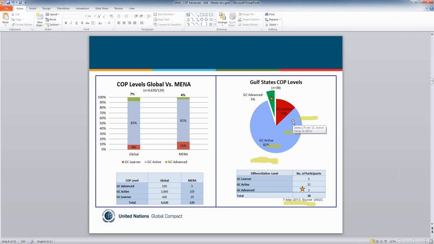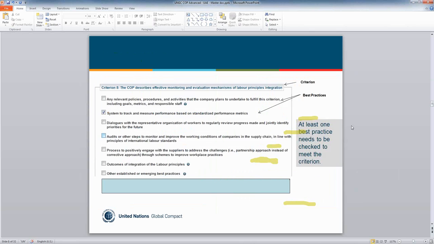Anyone interested in knowing who is an advanced company and how they have done it in their report, maybe as an example to follow, can find this information through our website. If we have time at the end, I will be happy to show everybody how that is done on the Global Compact website.